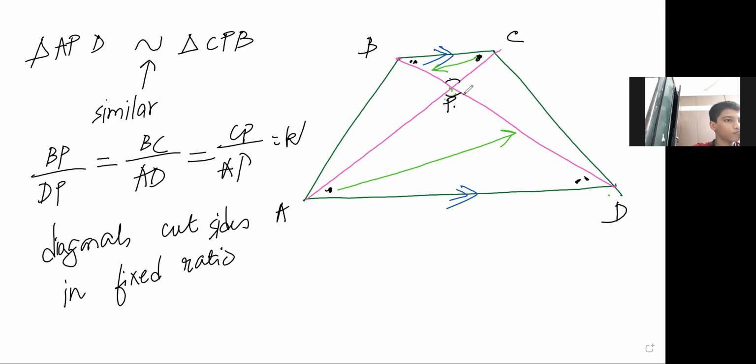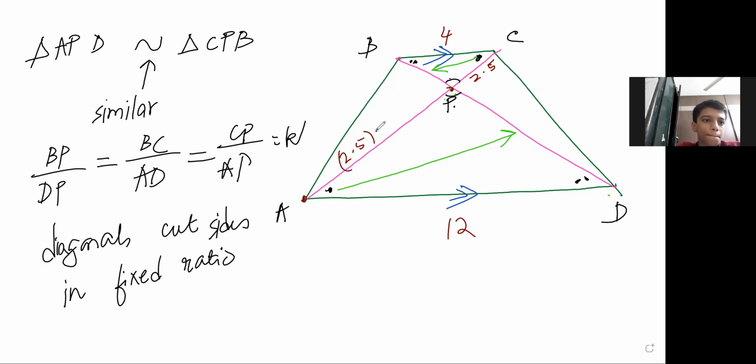For example, if I give you a side, let us say BC is 4 units, and AD is 12. Then if you know that this side is, let us say, 2.5, can you tell me how much AP will be? Would it be the same as DP?